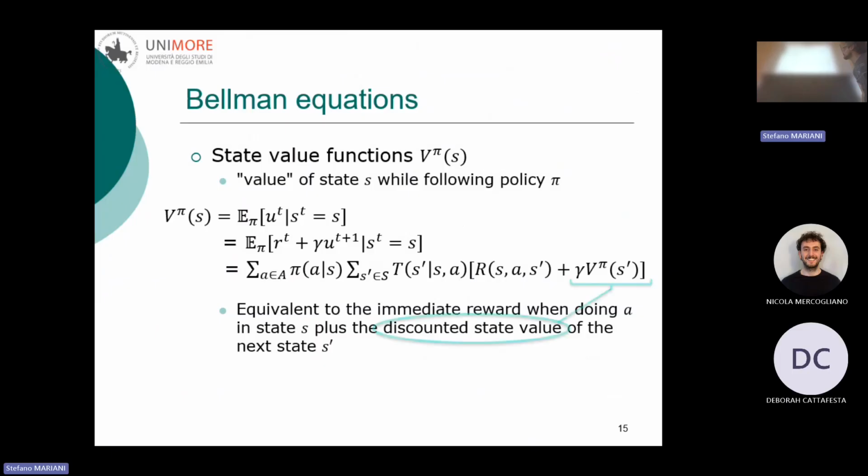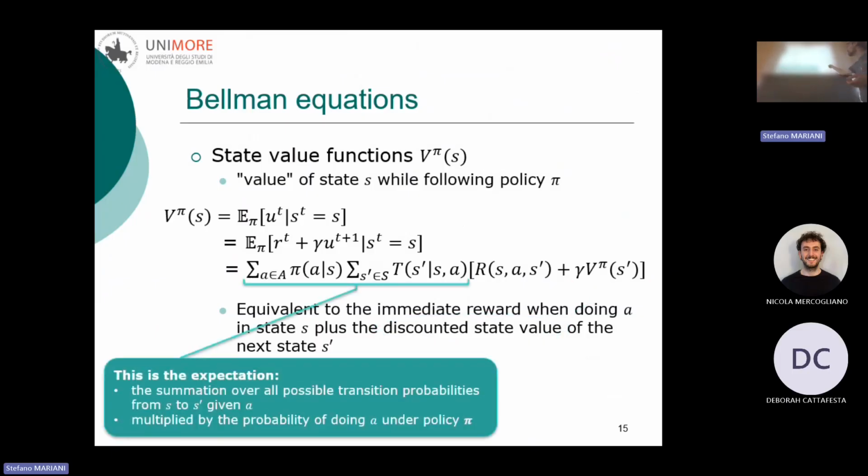So this is just the computationally tractable specification of this mathematical form. And what does it give me? As we said, the worthiness of being in that state. This is a number, a scalar, like the reward.